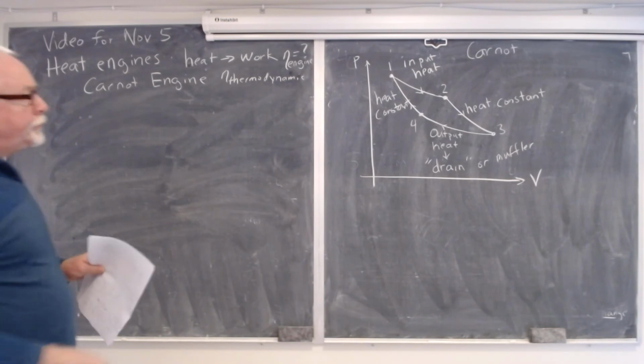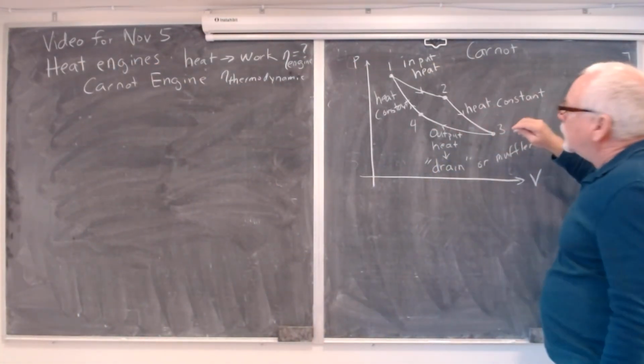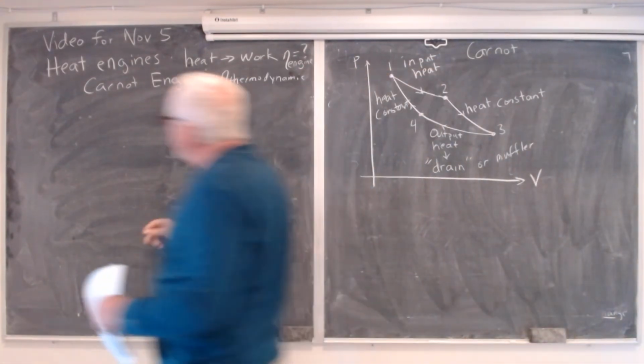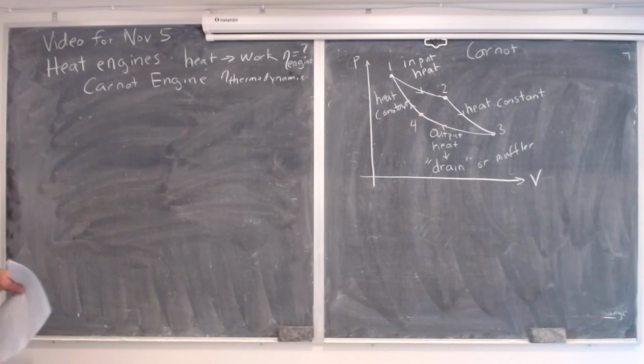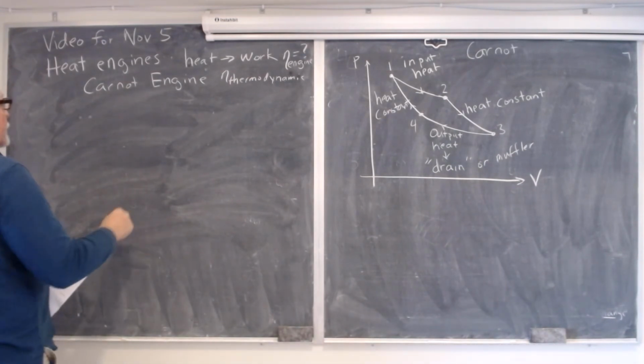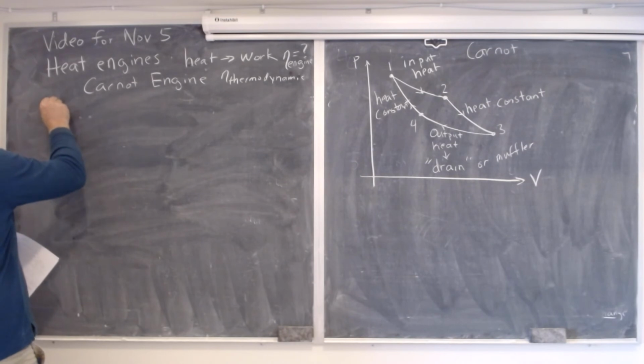So let's just get started. What I'm going to do over here is draw a piston and cylinder of a Carnot engine for each of the points, so from 1 to 2.